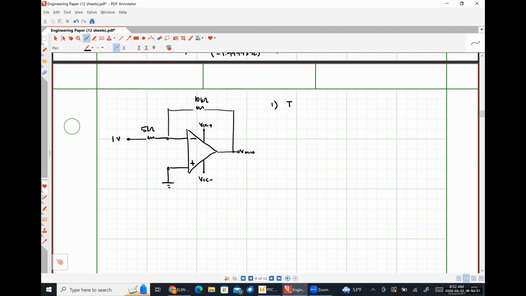So the first one is there can be no current flowing into or out of the input terminals of an ideal op-amp.